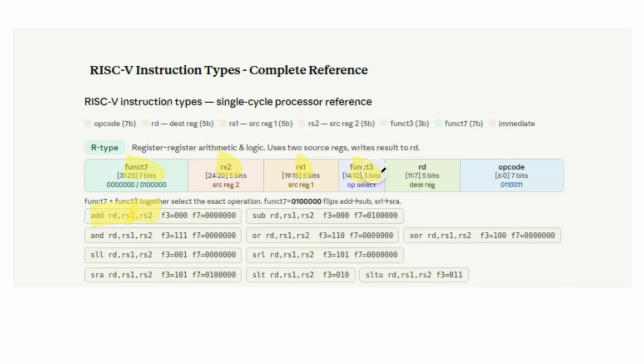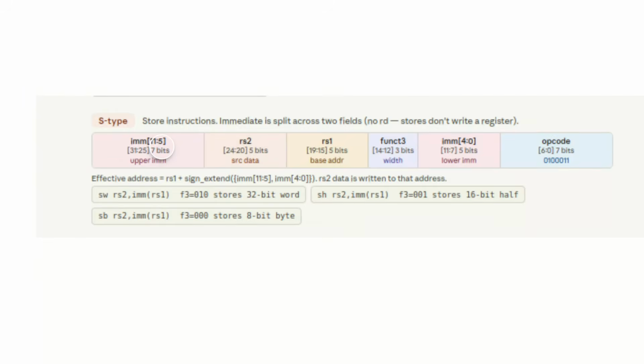Now what are function 7 and function 3? I will tell. RD, we know, is the destination register, which is 5 bits. And now we have the opcode. The opcode for R type is different from the opcode for I type.